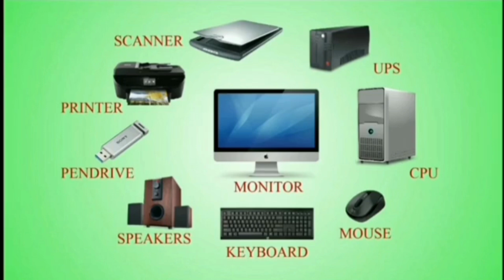So let's try to understand which of these devices are input devices and which are output devices with the help of some images and examples. Here I have some devices.